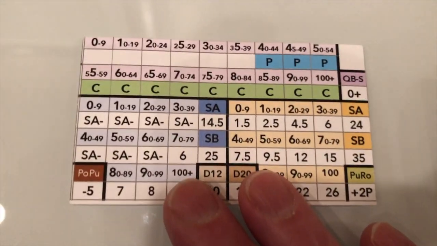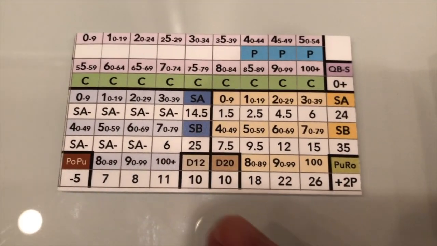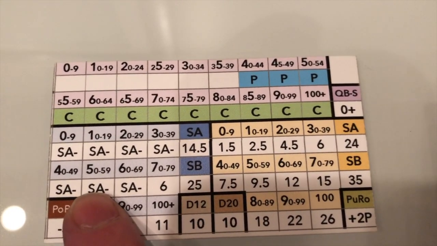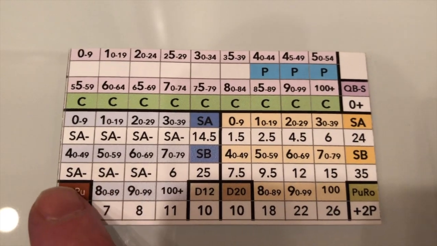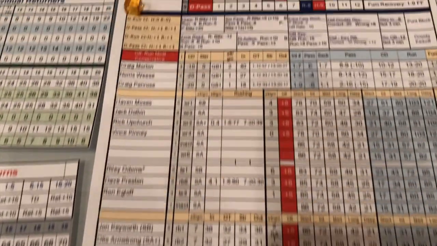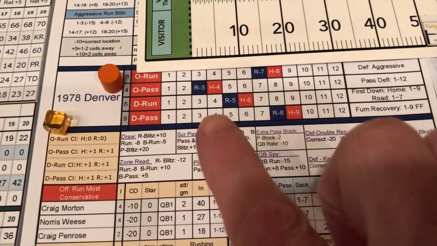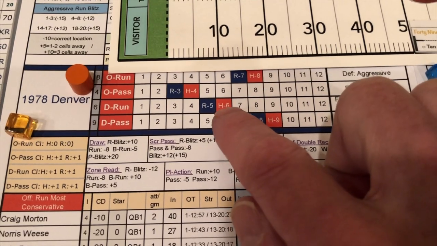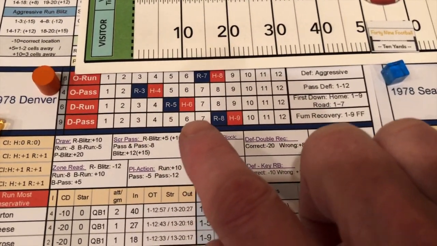And then there's one more with the running, and this gives the defense a chance to make a play, where it says SA minus. So if this is the card that you flipped over for either of the two examples that we looked at, there's an SA minus. Now what you're going to do is look at the defense's defensive run, and in this case for Denver it is a 5 because they're on the road. If they were at home, they'd be 6. You're going to roll the D12.